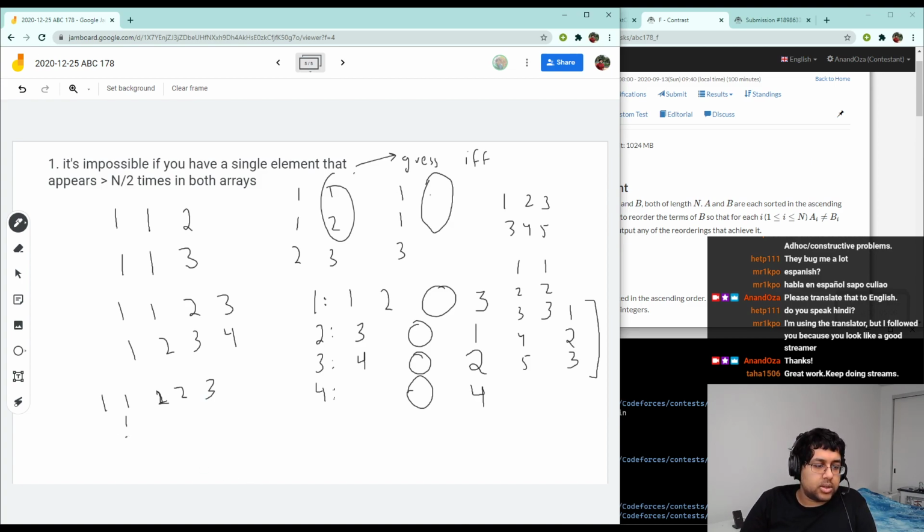So we have 1, 2, 3, and then here we have 1, 2, 3, 4, 5, and then we have to put in 2 here, and 1 here. So here we can put 3 and 4, here we can put 1 and 2, and here we put 5, which is a problem. So we don't want to do it that way.